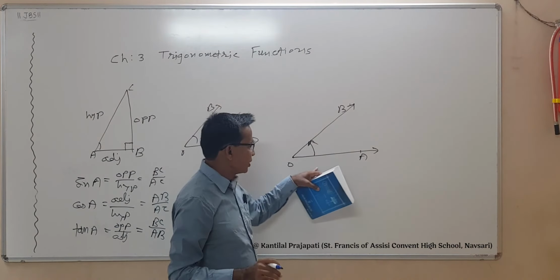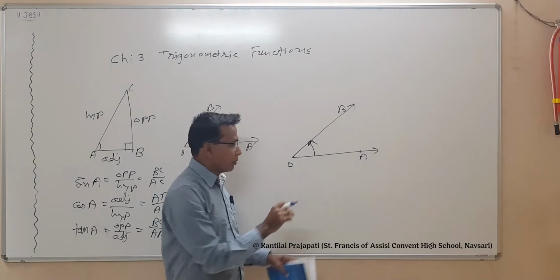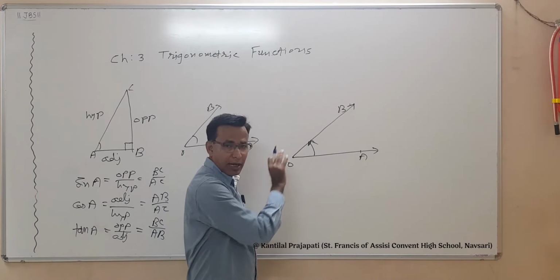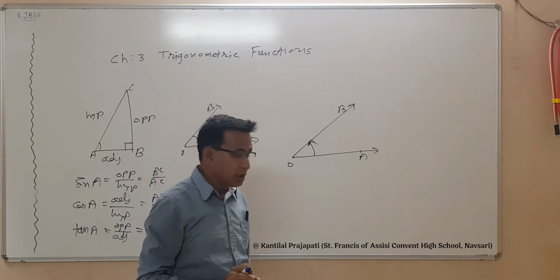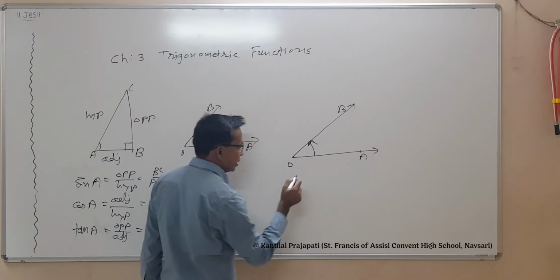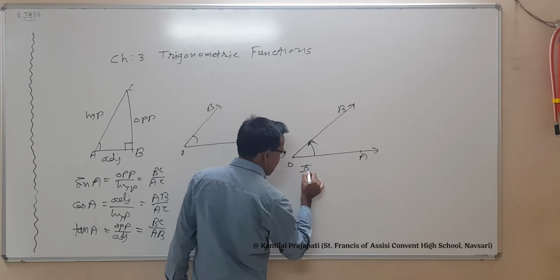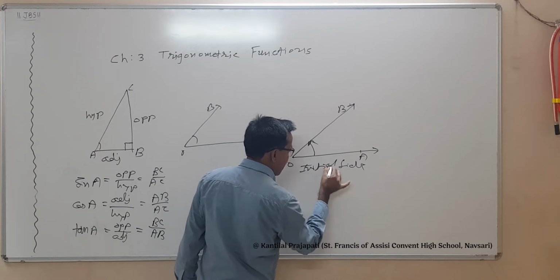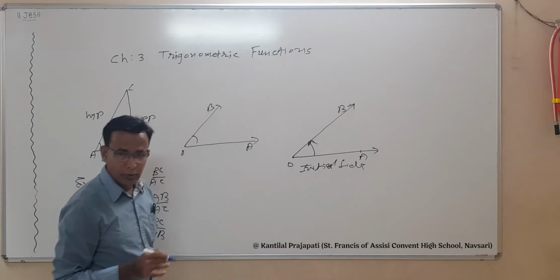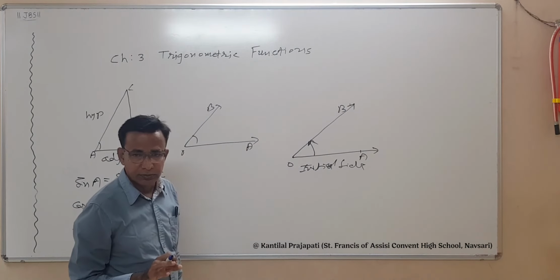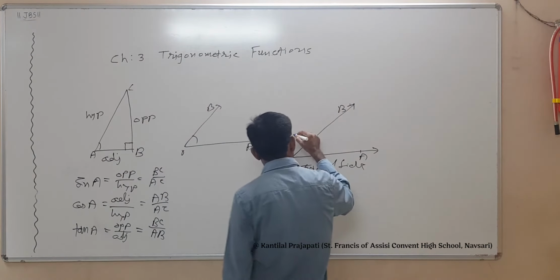The measure of the rotation of ray OA about the initial point O is called the angle. The initial ray OA is called the initial side. The final position of the ray OB after rotation is called the terminal side.